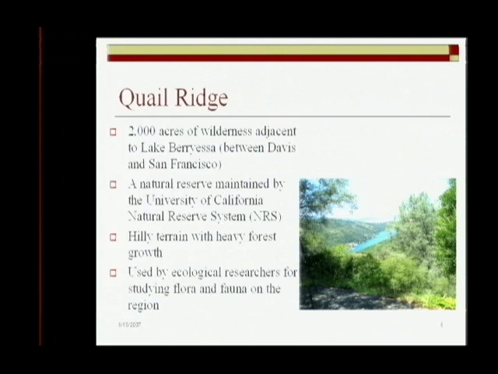So I've been told that there are about 50 ecological research groups across the whole world, people from outside the US also, who have been using this ridge for their studies. So for example, before we went over there, they had to go there and collect the data and then come back and analyze it.